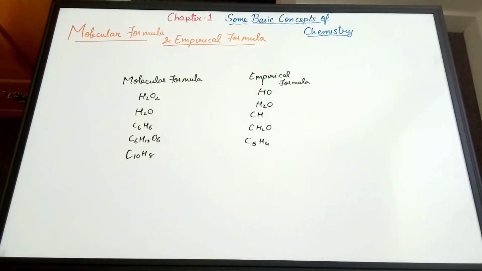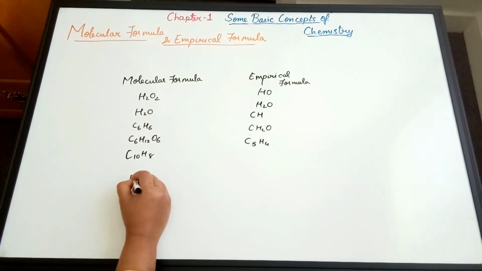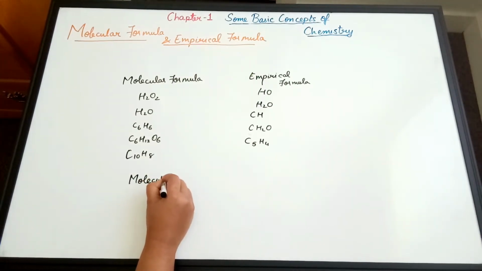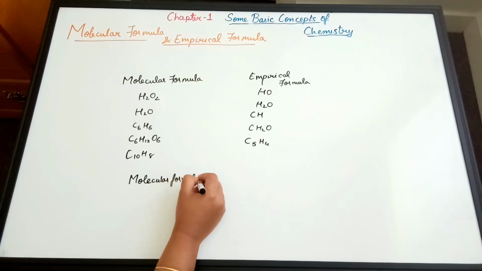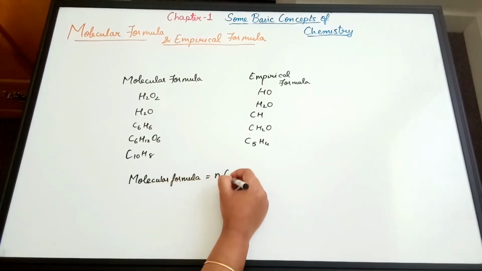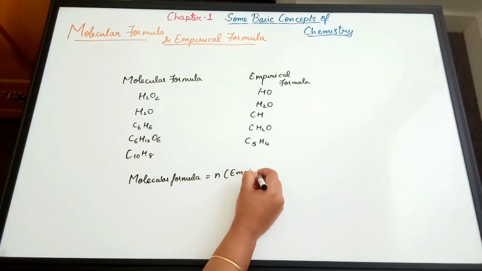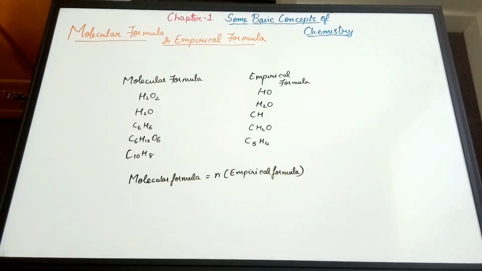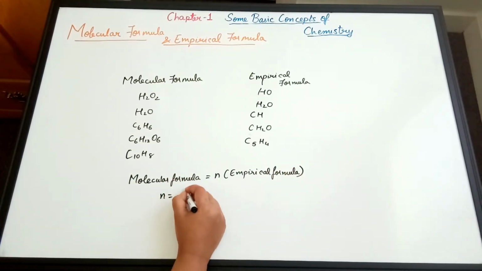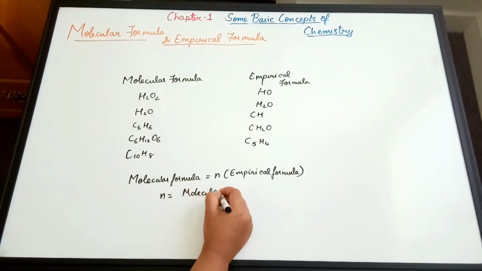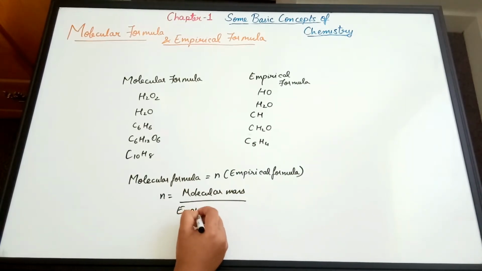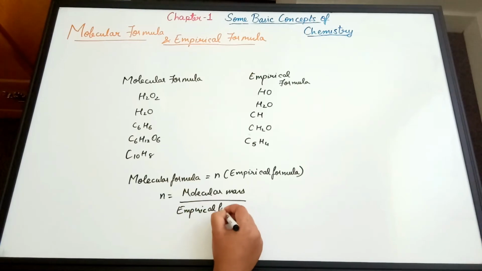Now the basic way you can understand how they are different is: molecular formula equals n times the empirical formula, and n equals the molecular mass divided by the empirical formula mass.